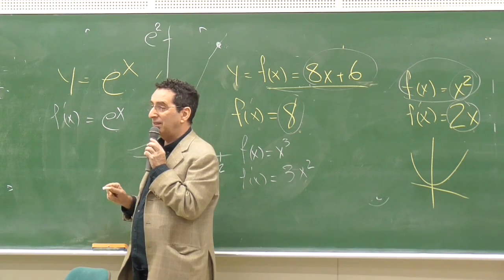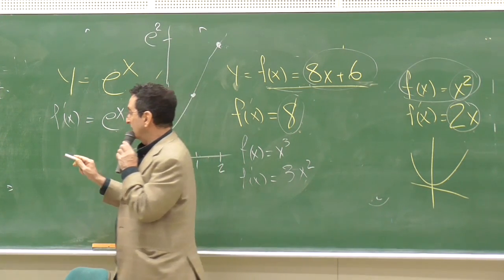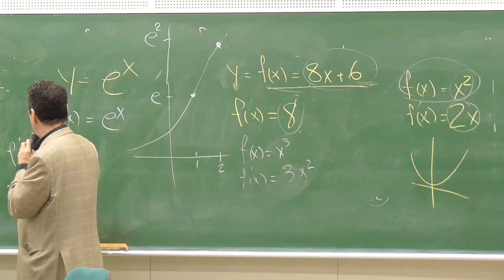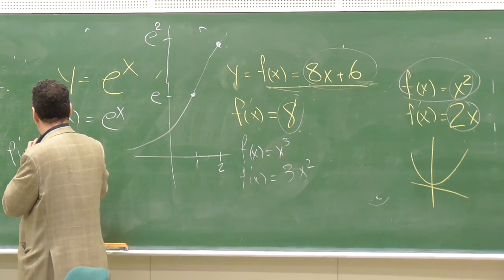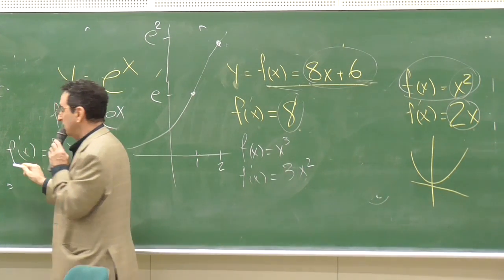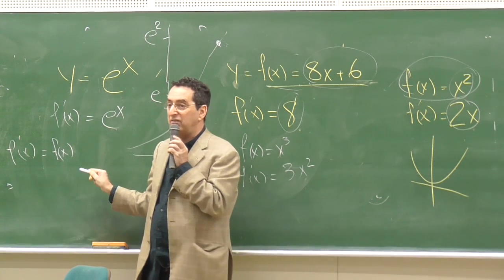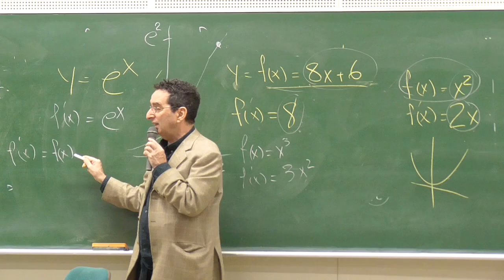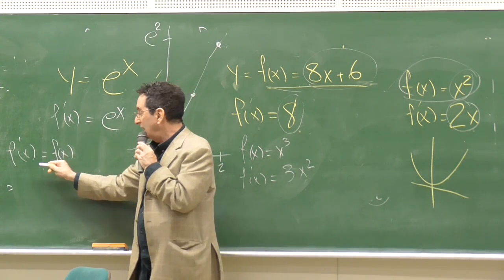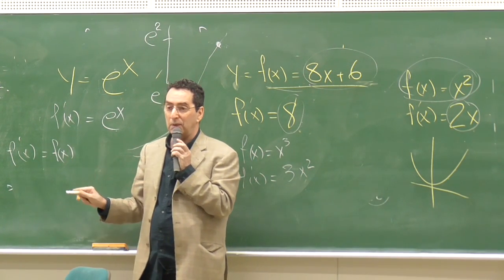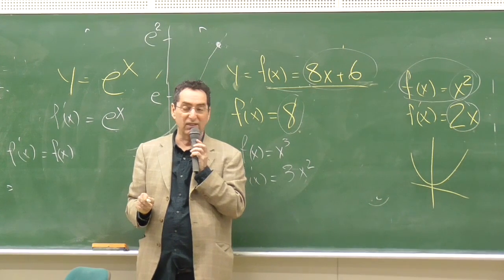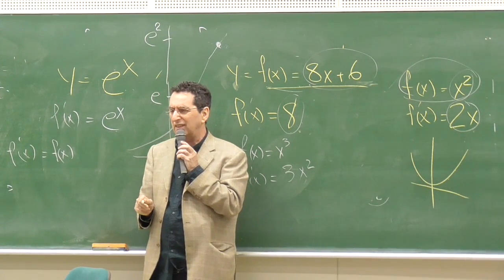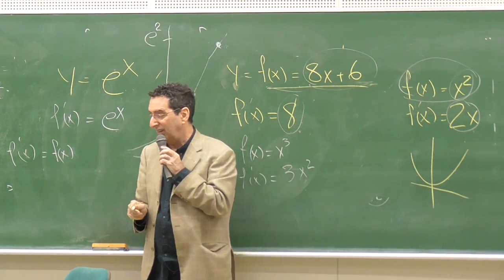You can prove that. You can start out with the idea that f prime of x equals f, and just with that, you can prove that f must be e to the x. That means that the only time that f prime can equal f is when f equals e to the x. You can show that. I think it's not that hard, I forget.